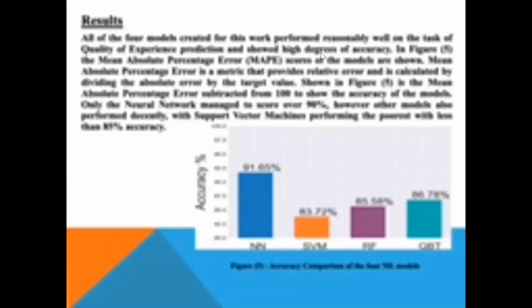All the 4 models created for this work performed reasonably well on the task of quality of experience prediction and showed a high degree of accuracy. Here in this figure, it shows the percentage of accuracy comparison of the 4 ML models. And here, every model shows its percentage.